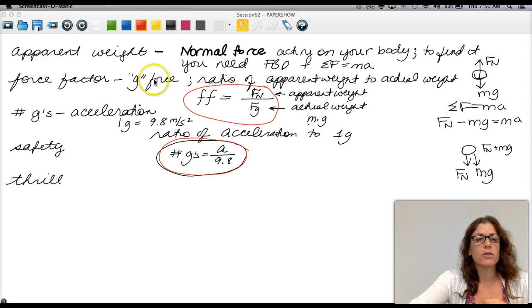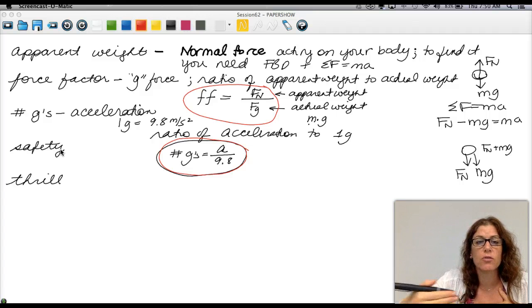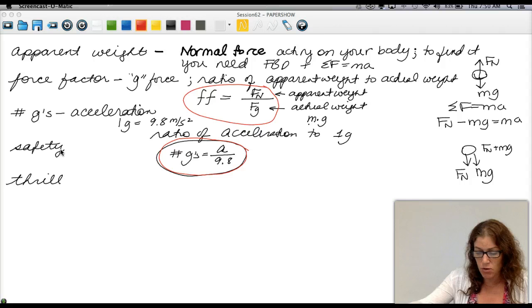So let's talk about safety. Ride safety has everything to do with the number of g's, and the number of g's is related to the force factor, but the force factor is more a sensation of weightlessness. So we'll talk about that issue in a second.